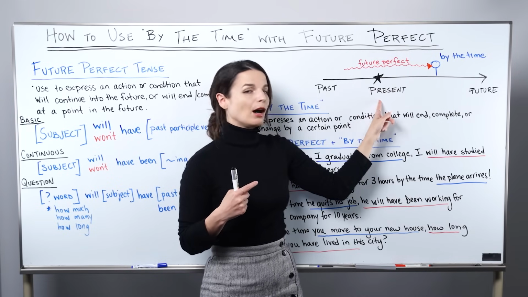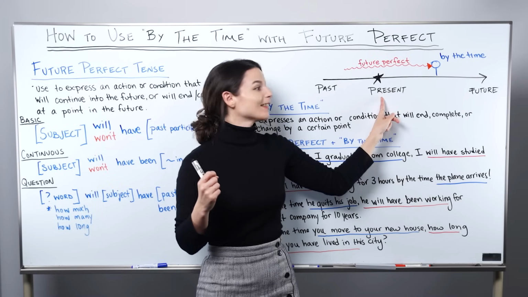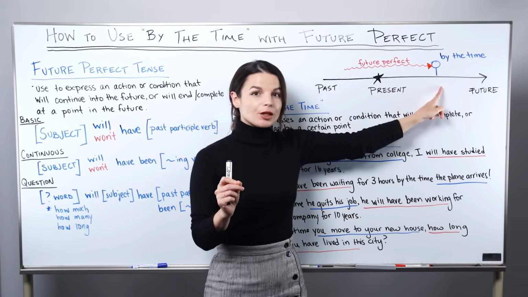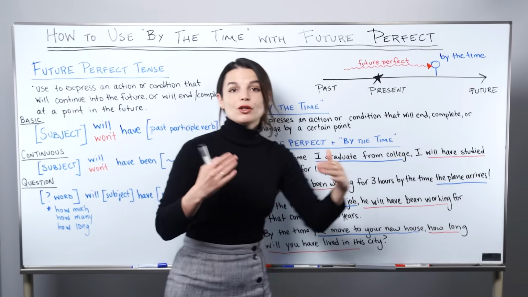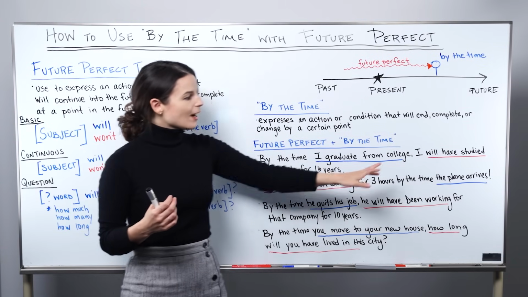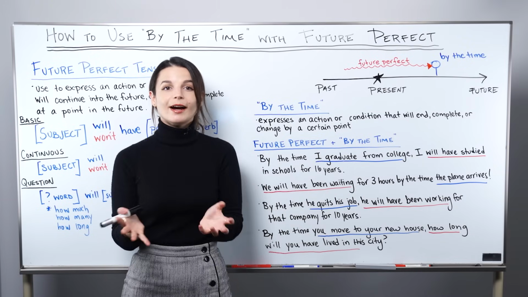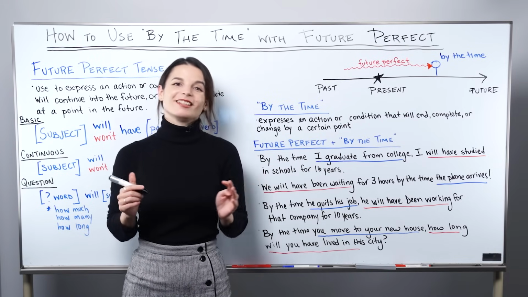So that means maybe now we have been waiting for 1 hour or maybe 90 minutes or something like that. But to talk about this specific point in the future, the total time in the future will be 3 hours. So we use this future perfect tense structure and our by the time structure to communicate this. It's like saying the total time in this future moment will be this 3 hours in this case.